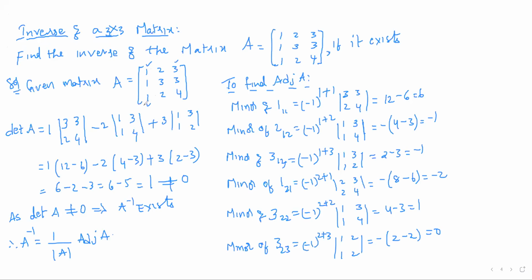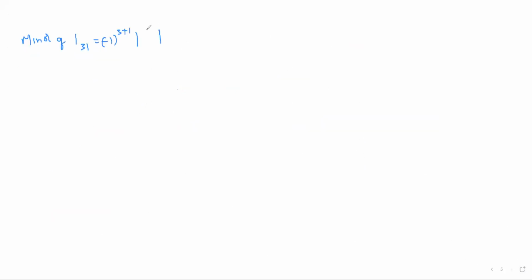Minus corresponding column and row by deletion: 2 3 3 3, that is minus 1 whole power 4 means plus 1 only. 6 minus 9, minus 3.